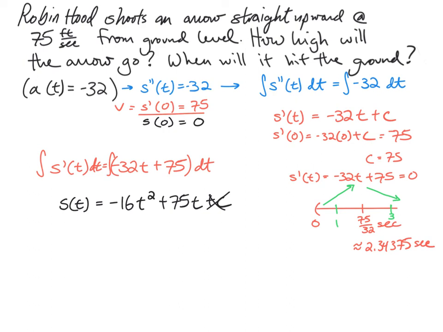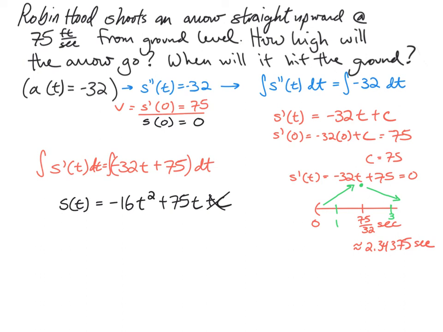And that all has to do with the velocity away from the Earth being positive, and the velocity coming back to the Earth being negative. But at this point, we have a relative maximum at that particular point.